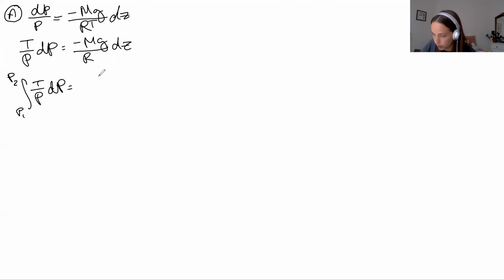And then we're going to integrate this side in regards to position. So we'll go ahead and leave mg over R out of it because they are constants. And we're going to integrate from some initial position to some final position. This integral is going to be super easy. It's just going to be delta z.